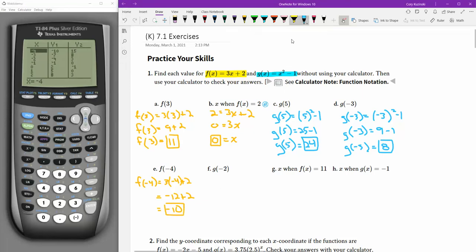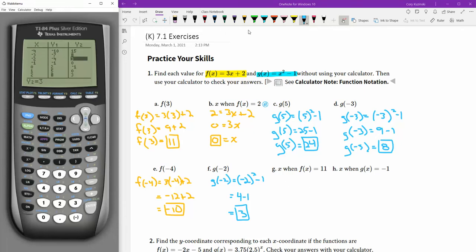G of negative 2. That means we're going to do negative 2 squared as opposed to the opposite of 2 squared, minus 1. So that's going to be 4 minus 1, which is 3. Where's our negative 2? There it is. And there's our output of 3.